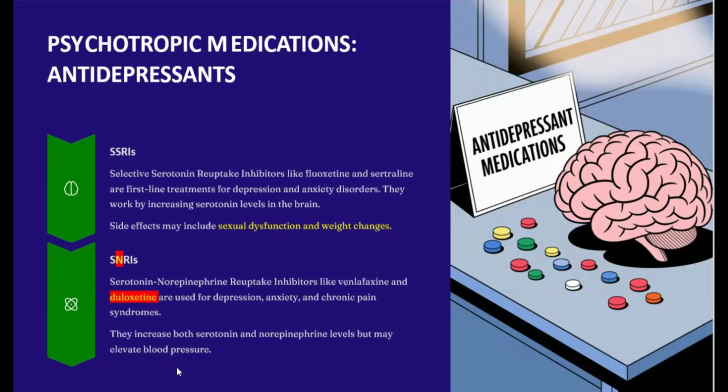Another important thing is that it increases both serotonin and norepinephrine, so it may cause high blood pressure. SSRI only increases serotonin, but SNRI increases both serotonin and norepinephrine. So you need to monitor the blood pressure.